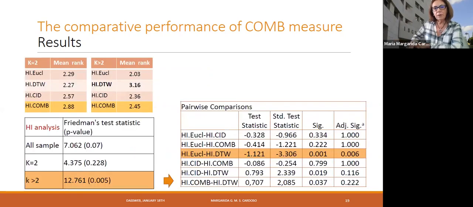And in what regards the comparative performance from an inferential point of view, resorting to Friedman's test, we can see that for k equals 2, we have no significant differences, but with k above 2, we have significant differences, but they are all rooted in the difference between the performance of Euclidean and DTW. In what regards the sample results, the proposed distance surpasses slightly the performance of all the competitors, including the DTW.